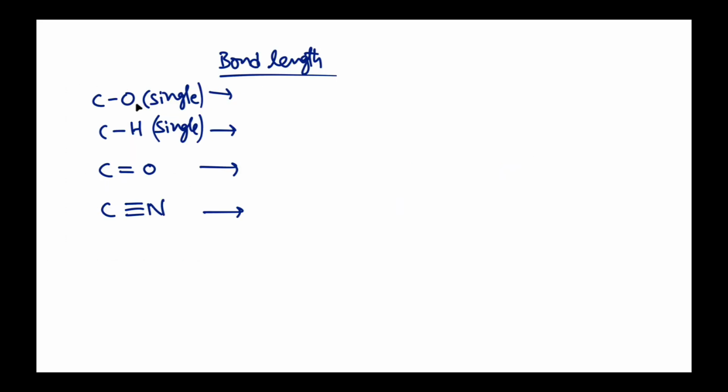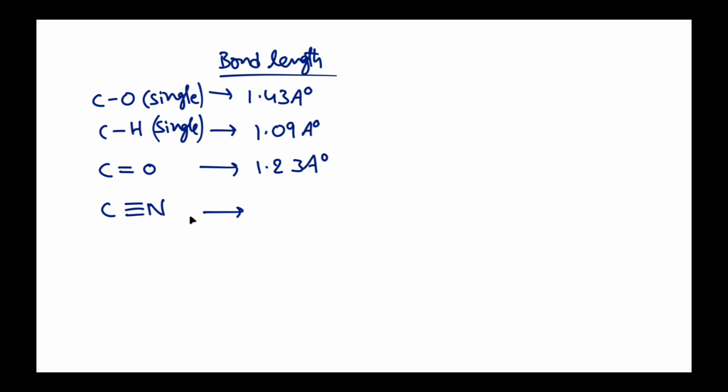So according to NCERT, the C-O single bond length is 1.43 angstroms. The C-H single bond length is 1.09 angstroms. The C=O double bond length is 1.23 angstroms.